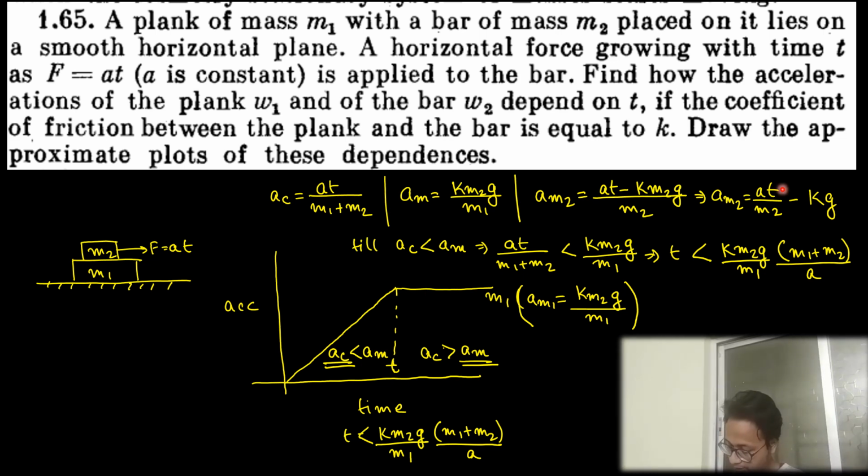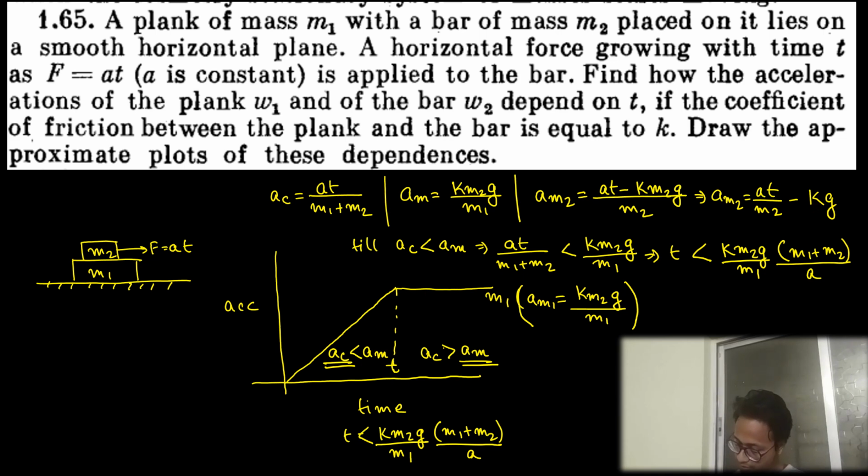This can be written as the equation y equals mx minus c, where m is the slope, which is a by m2 minus k.